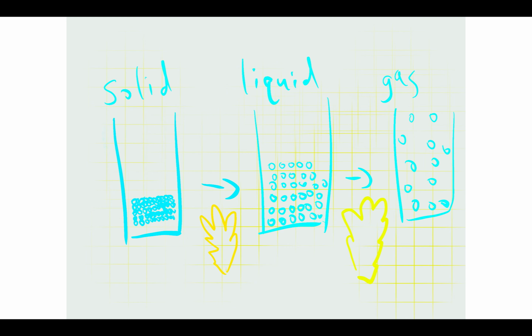The space between them is very small, and that's what we call a solid. As I heat the system, the molecules get energy so they can start to move around, with more space between them. If I continue to heat them, they'll have even more space, and eventually they're able to escape from the system.